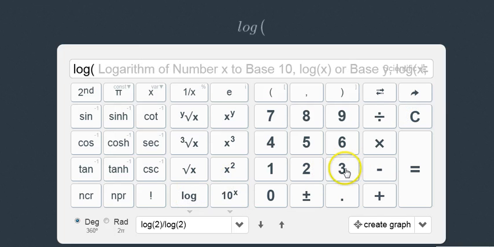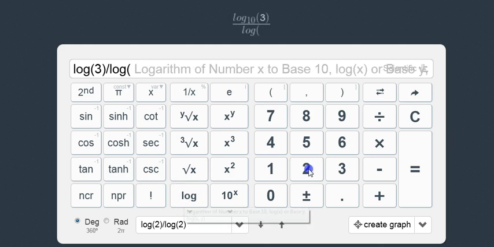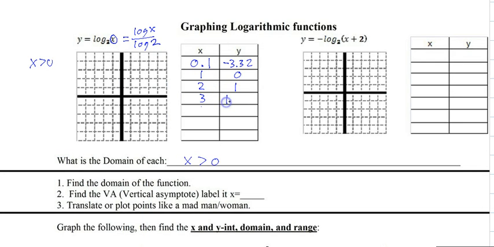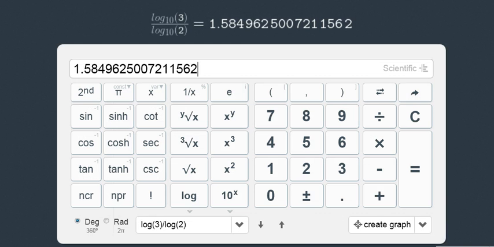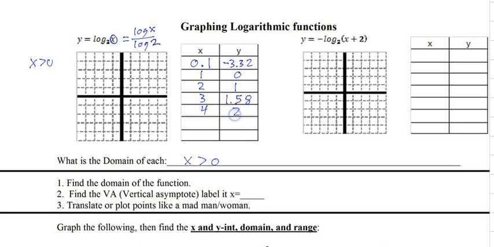So log of 3, close it, divided by log of 2, close the parenthesis, 1.58. And there it is. If you wanted to do a 4, it would give us the same basic idea. Let me clear this. Log of 4 divided by log of 2. And we get 2. So you see how it just keeps getting bigger and bigger, and it's going to keep growing.